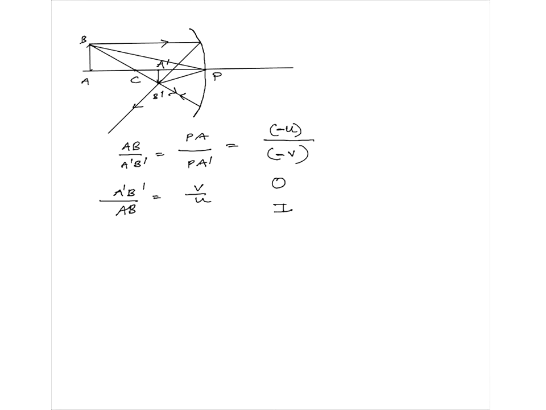Following that convention, up is positive, down is negative. O is with sign, positive or negative. I is with sign, positive or negative.